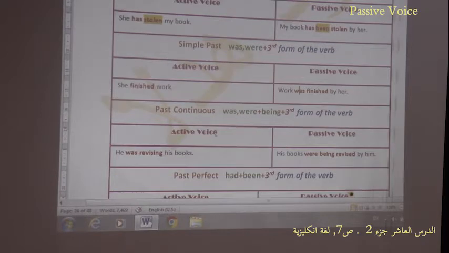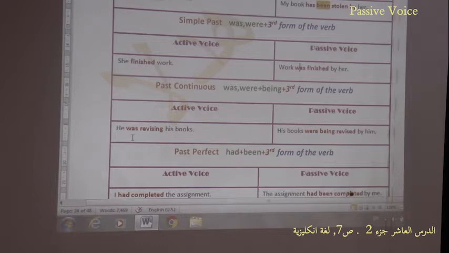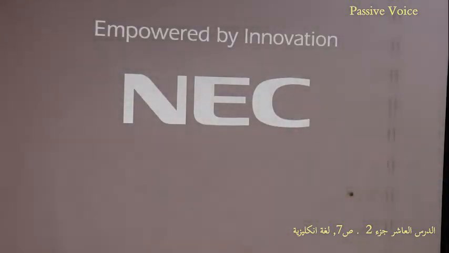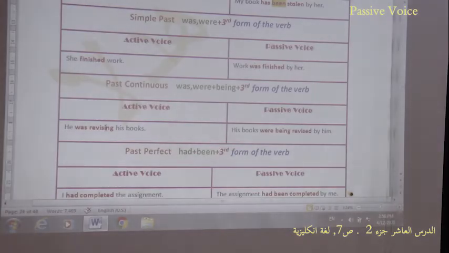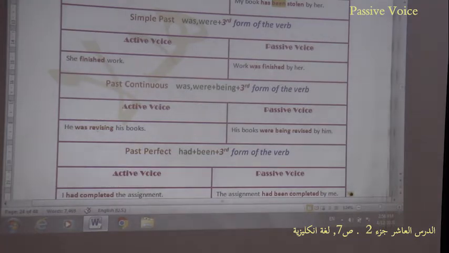Now past continuous. In the active voice we need was or were plus the verb plus -ing, or the present participle of the verb.